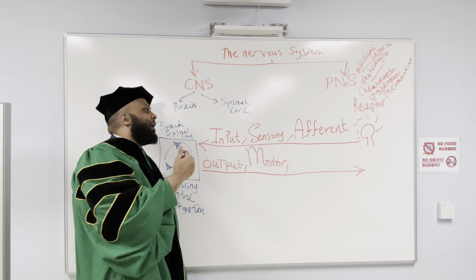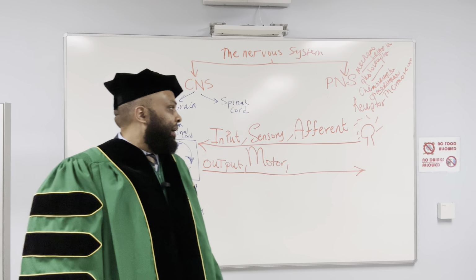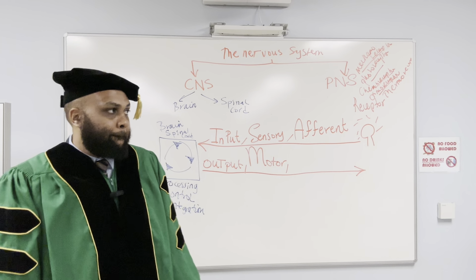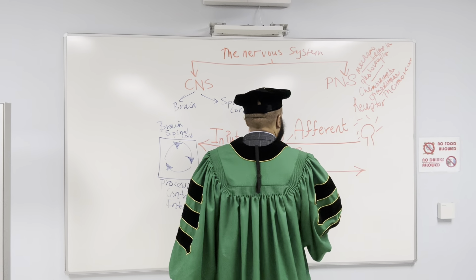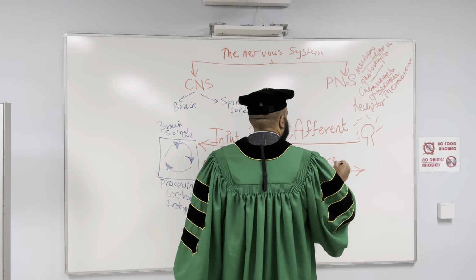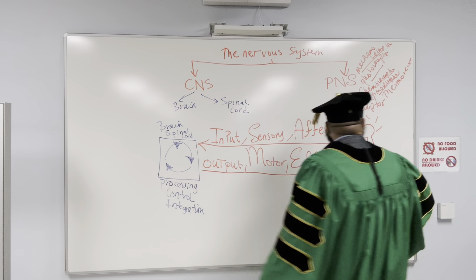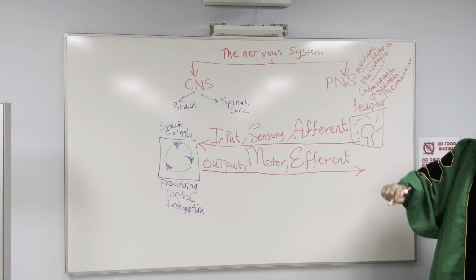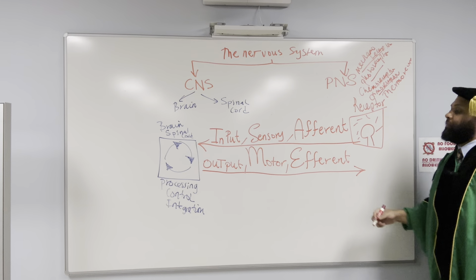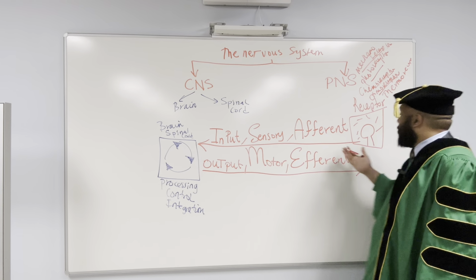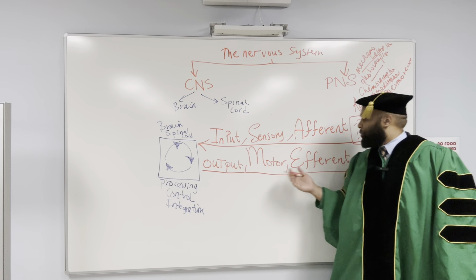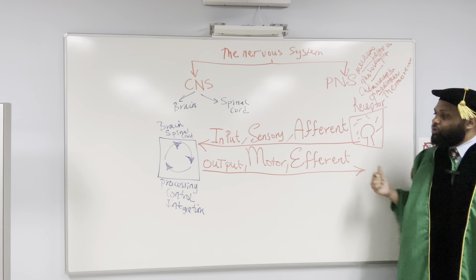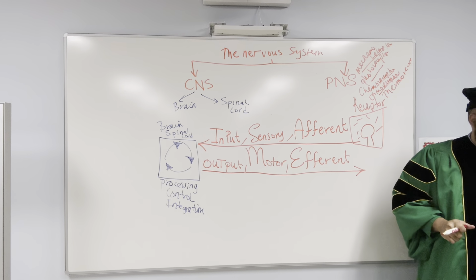And if the phone line that brings in the sensory information is afferent, then the outgoing line is going to be efferent. What's the target? From the receptor to the integration center was the input, sensory, afferent. From the processing center to what? We're going to get the output, motor, efferent stimulation.